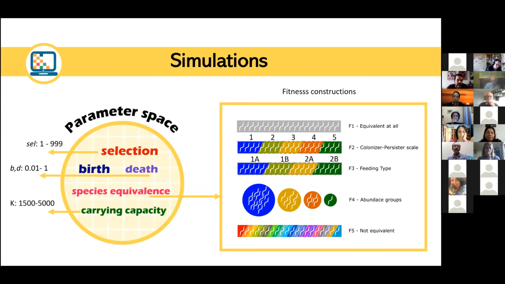So in summary, we perform a search in the parameter space. The parameter space of the simulations includes the full factor space of selection, birth, death rate, and carrying capacity, and we also explored 5 assumptions of species equivalence.